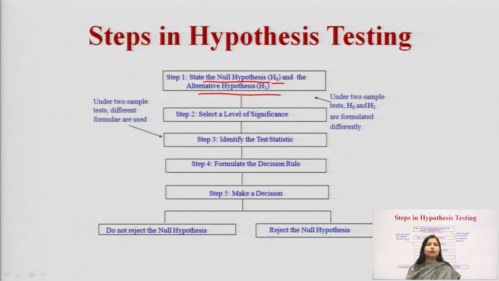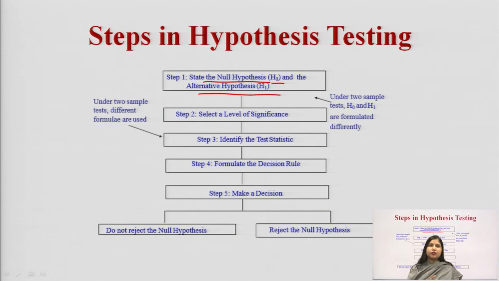In the first step, first of all you prepare the hypothesis, and you make both the null and the alternate hypothesis. We know that the null hypothesis is a hypothesis which we want to disprove, and the alternative hypothesis is a hypothesis which we are trying to prove is true.